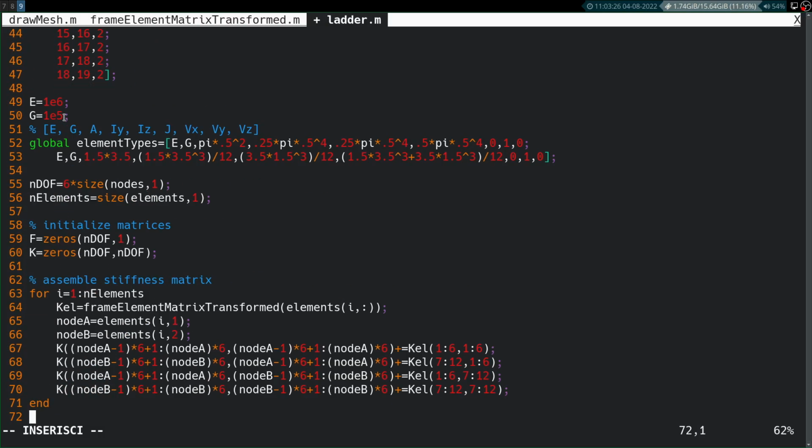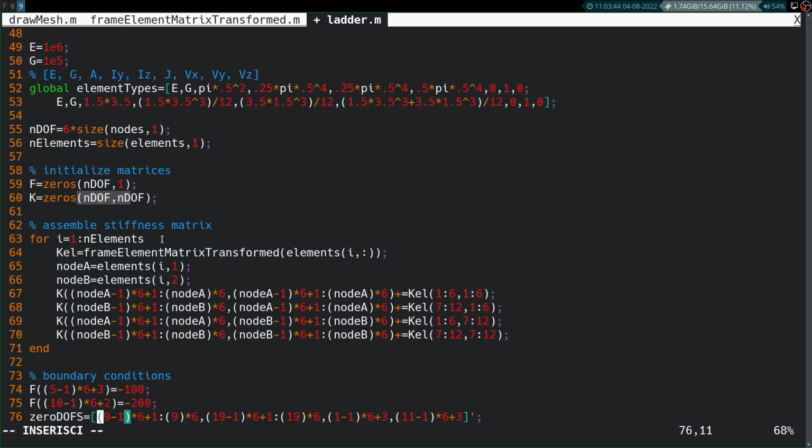And then we're initializing f and K. We don't care about initializing u because u we're solving for. We're initializing a 6n by 1 f vector and a 6n by 6n stiffness matrix, and then we're assembling the local stiffness matrices into a global one.